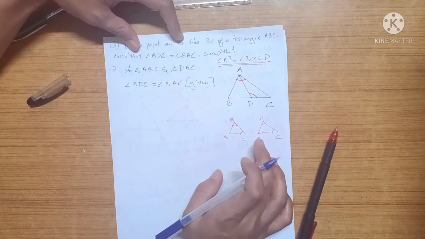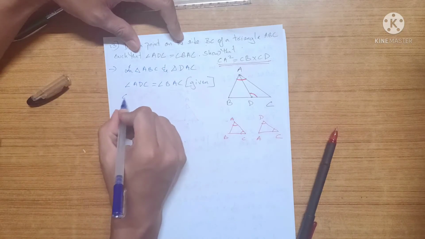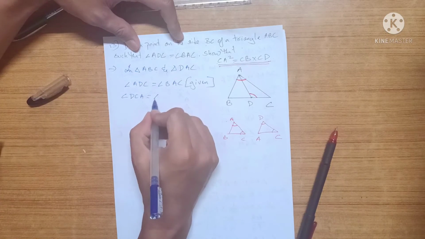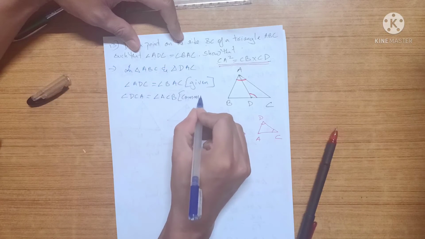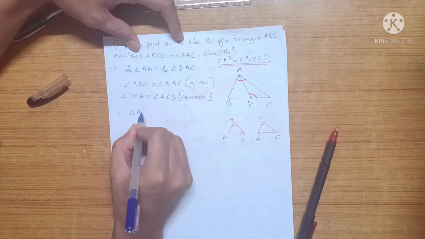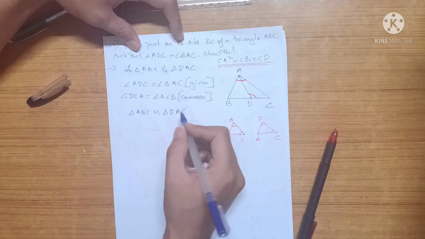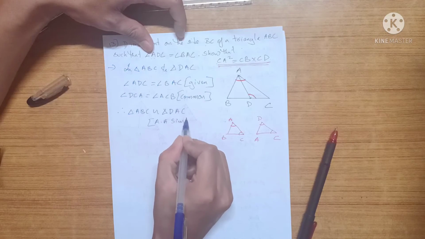And then I wrote ADC already, so now I have to write C. So angle DCA equal to angle ACB, which is common. Or you can write angle C equal to angle C also. Therefore, triangle ABC is similar to triangle DAC, by angle-angle similarity.